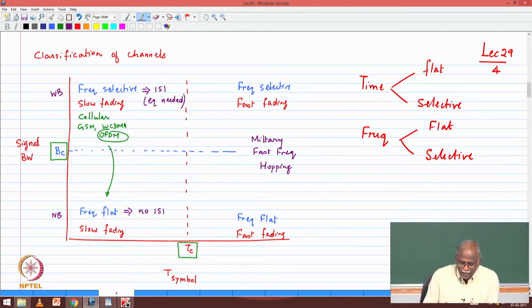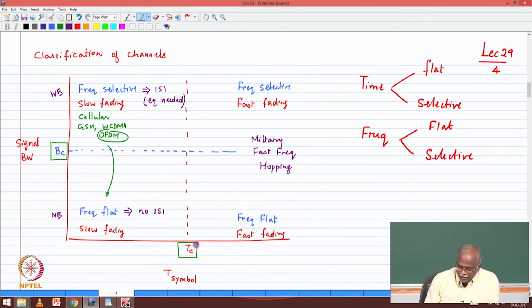We tried to define when a channel is considered wideband and when it is considered narrowband. A lot of it depends on the coherence bandwidth, and the coherence bandwidth in turn depends on the dispersiveness of the channel. So the same GSM signal may seem like a wideband signal under some channel conditions, and like a narrowband signal under others.